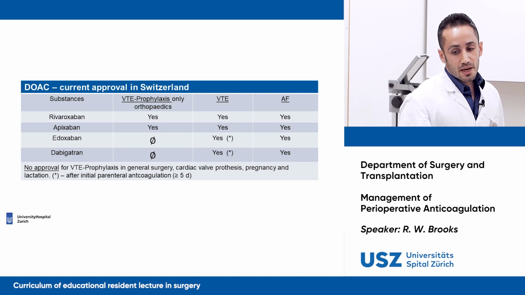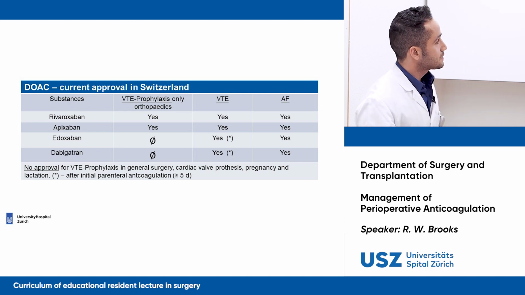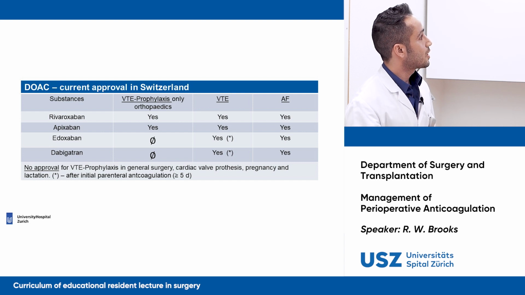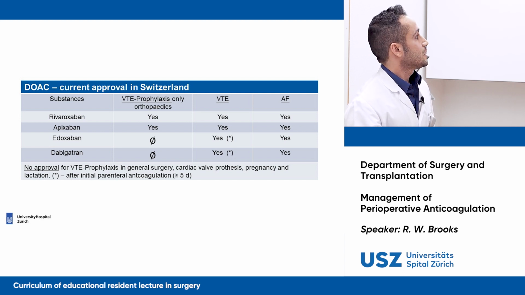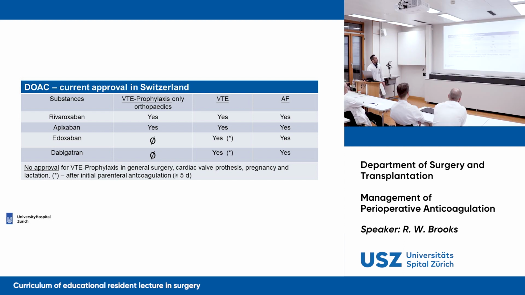So the current approval in Switzerland for the DOACs is for venous thromboembolism prophylaxis only in orthopedic procedures, for rivaroxaban and apixaban. For venous thromboembolism treatment, there is approval for rivaroxaban, apixaban, edoxaban, and also dabigatran.